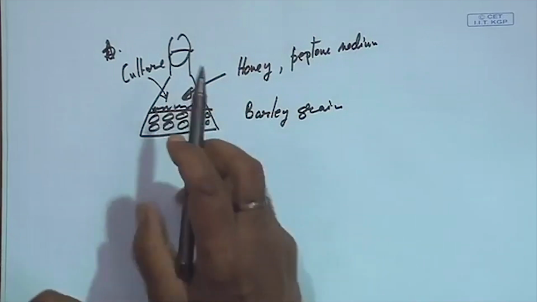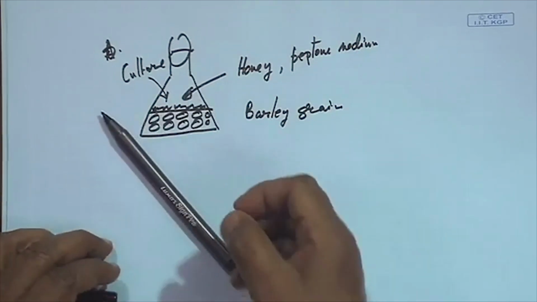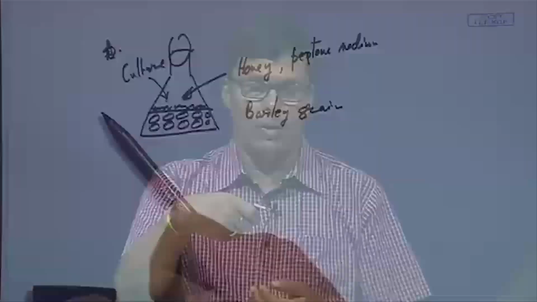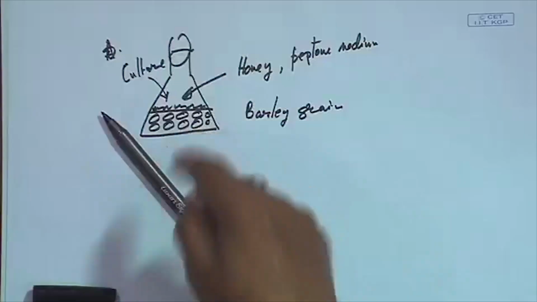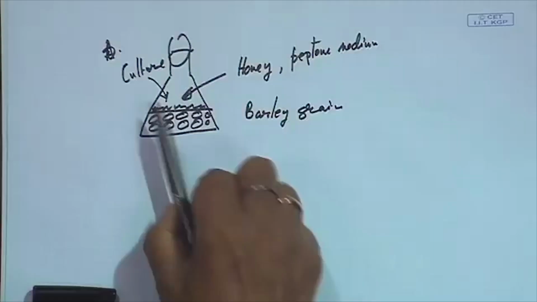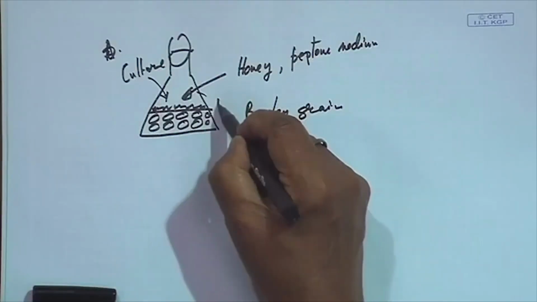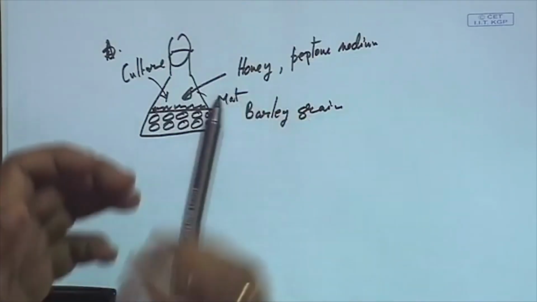So we can take the bottle out and strike it with the hand like this, because since it is solid particles, as soon as we strike, the mat that is formed here will be disturbed, and the cells will be coated on the surface of the barley grains.